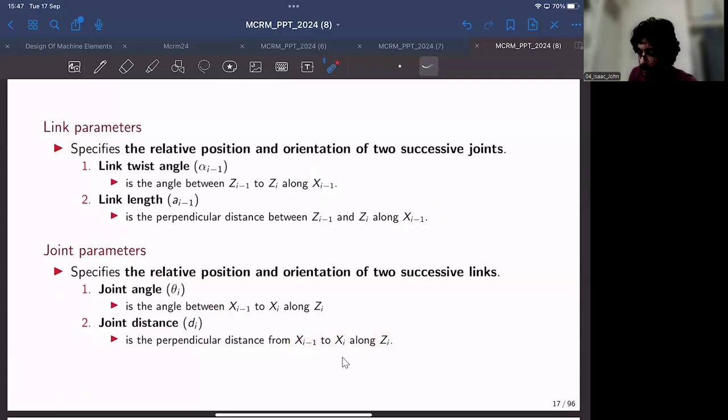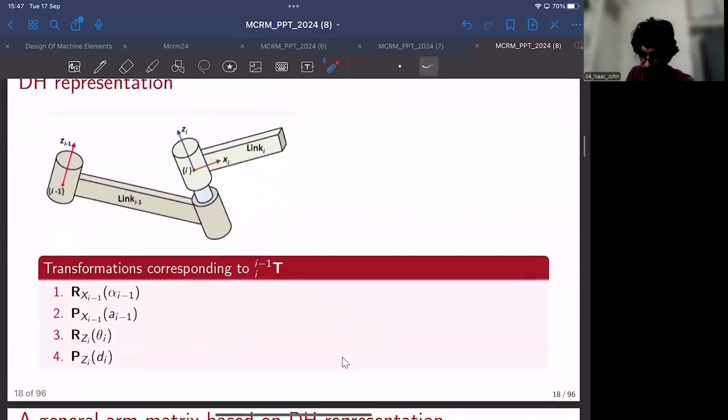So two transformations along Xi minus 1 and two transformations along Zi, you will get four transformations, which comprise the four DH parameters. So in this case, we have a frame of reference i minus 1 attached to link i minus 1, and we have a frame i attached to link i.